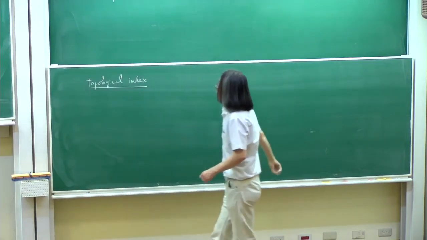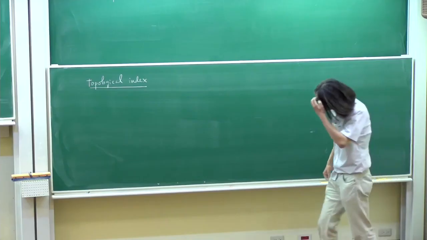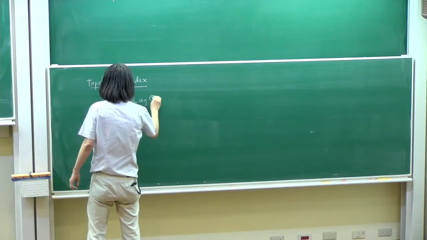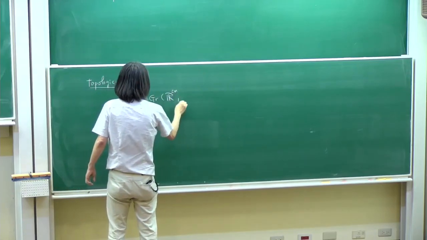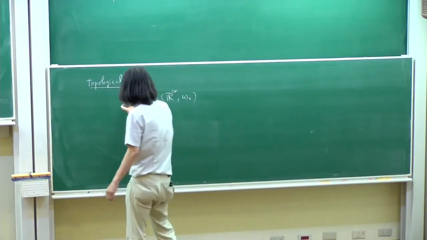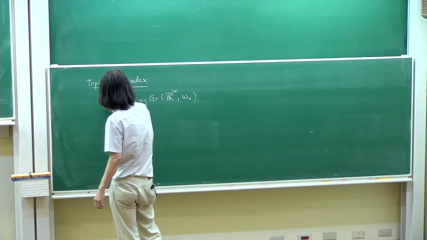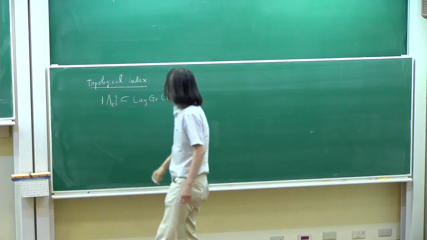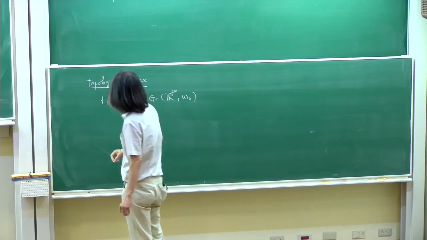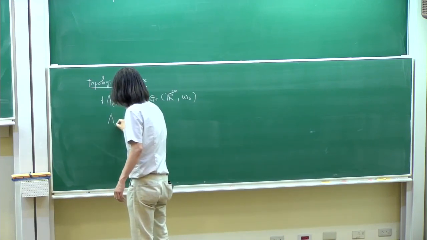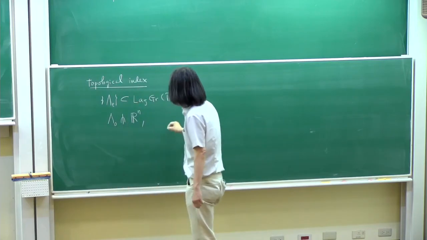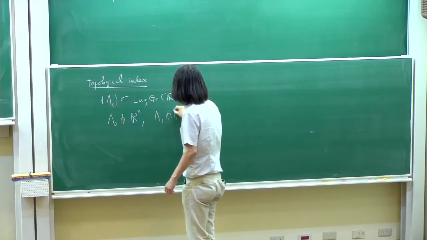So this is another thing. I have, say, the Lagrangian Grassmannian of R to the n and omega naught. And here I consider the path lambda t, so that lambda 0 is transversal to this fixed Rn, and lambda 1 is also transversal to the fixed Rn.